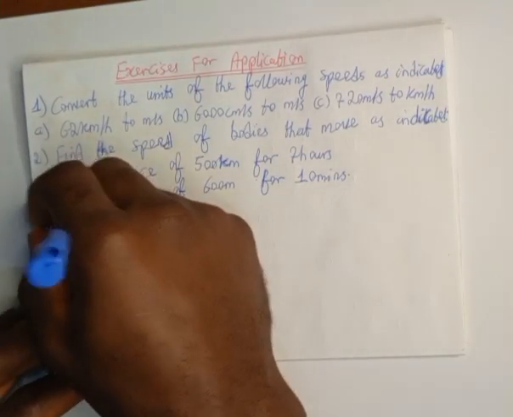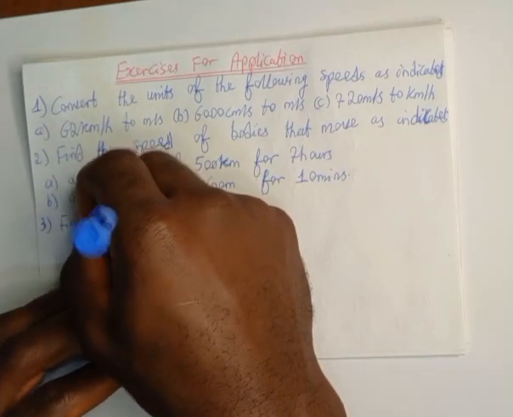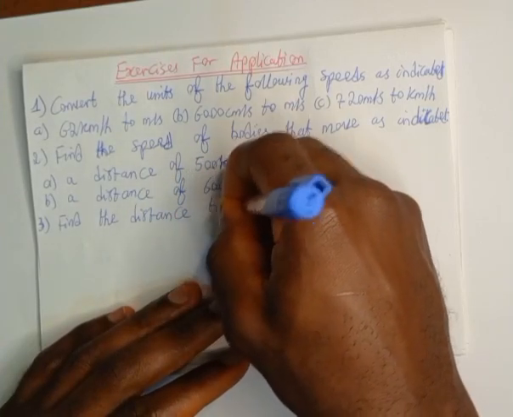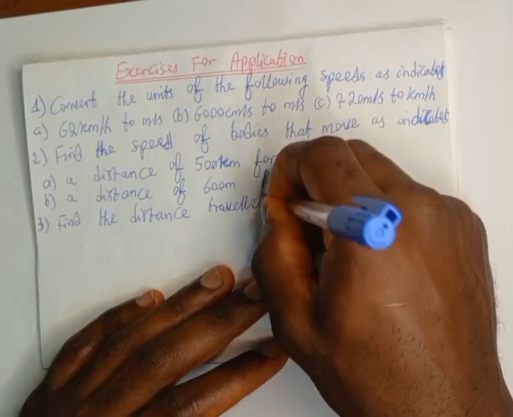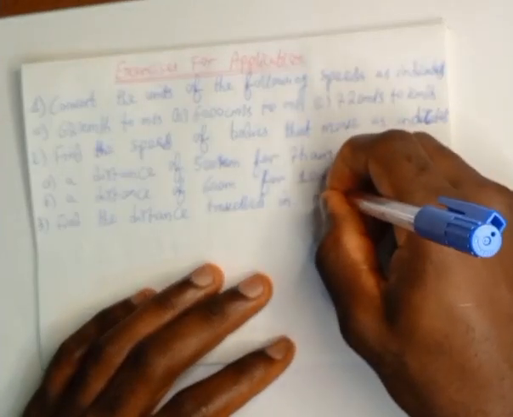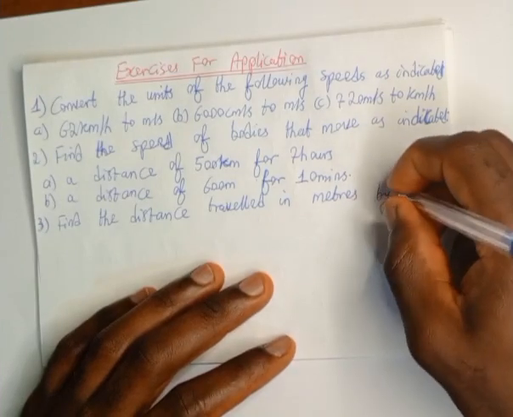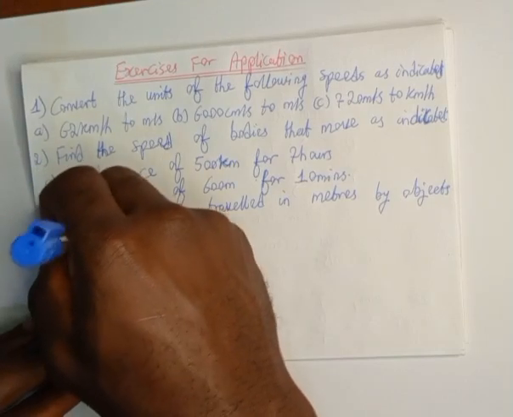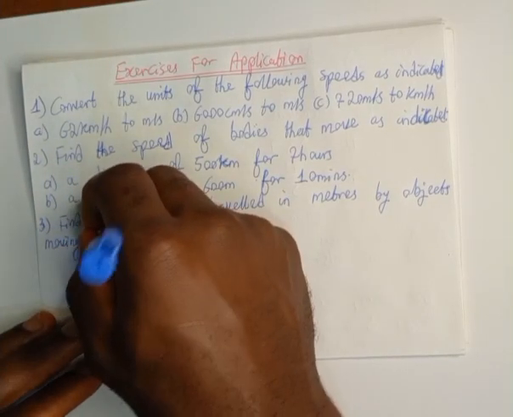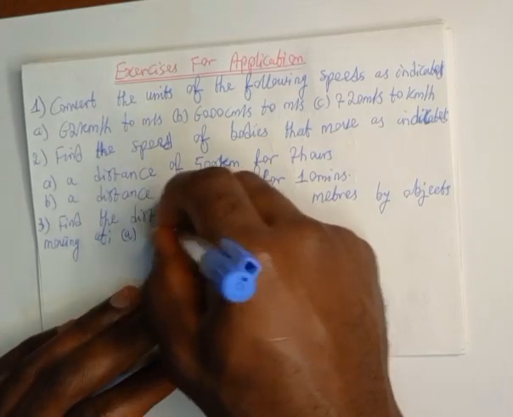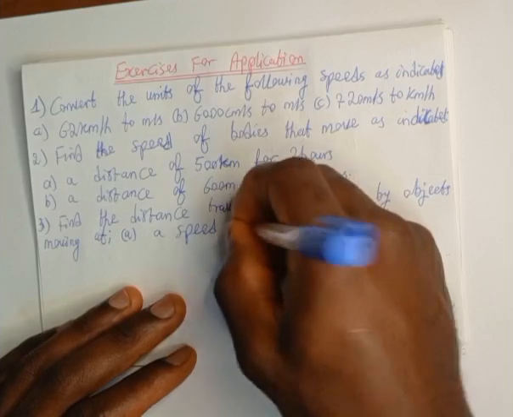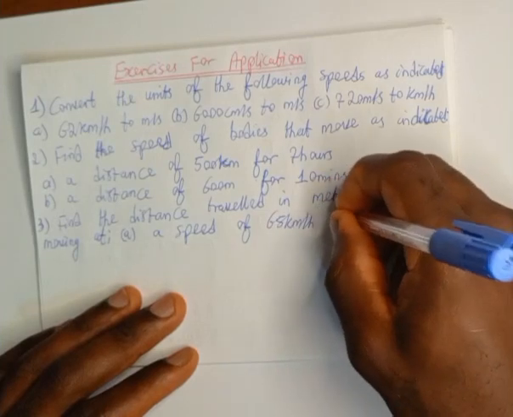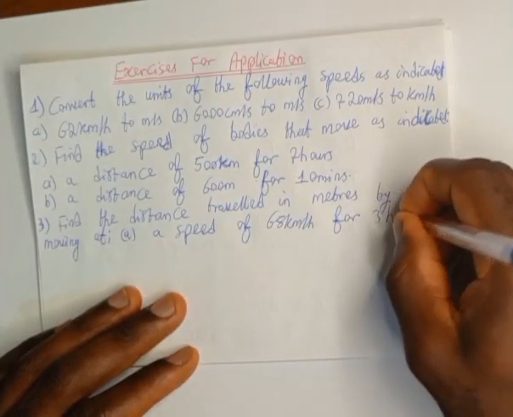Question 3 is asking us to find the distance traveled in meters by objects moving at, A, a speed of 65 kilometers per hour for 3 hours.